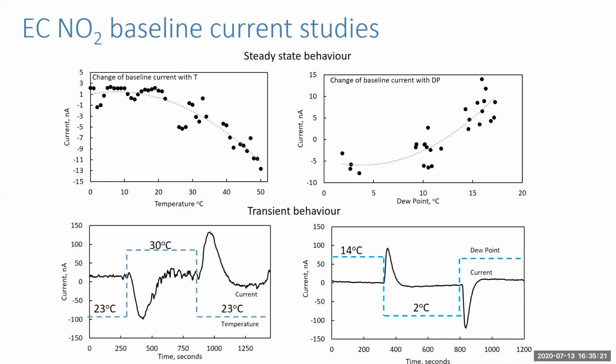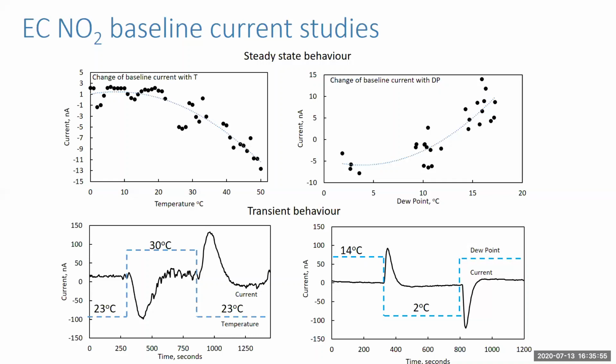And these effects are on the order of a few nanoamps above the baseline current. However, if you do a step change in either dew point or temperature, you can see a much larger transient effect. So the bottom two graphs show changes in the current in response to, firstly, a step change in temperature of only 7 degrees, and in the case on the right-hand side, a change in the dew point of about 2 degrees to 14 degrees.